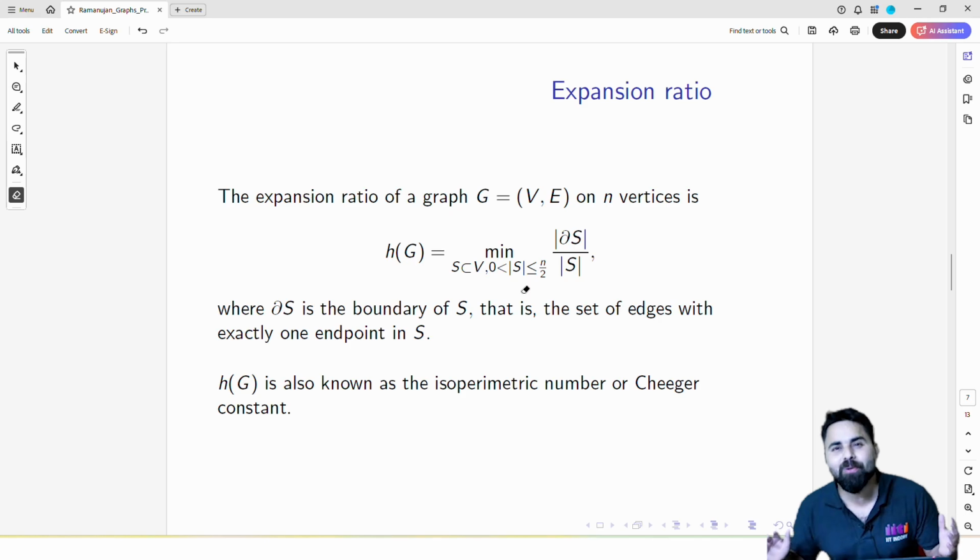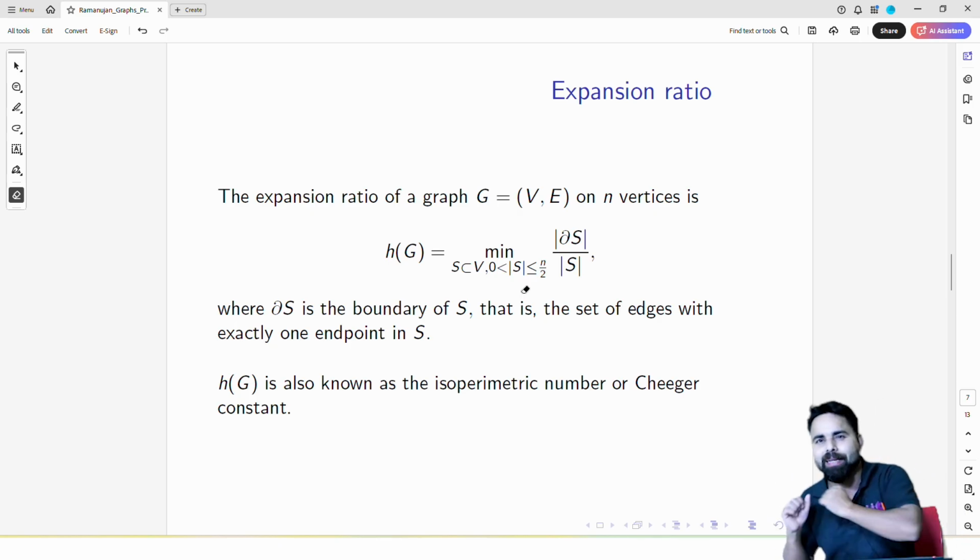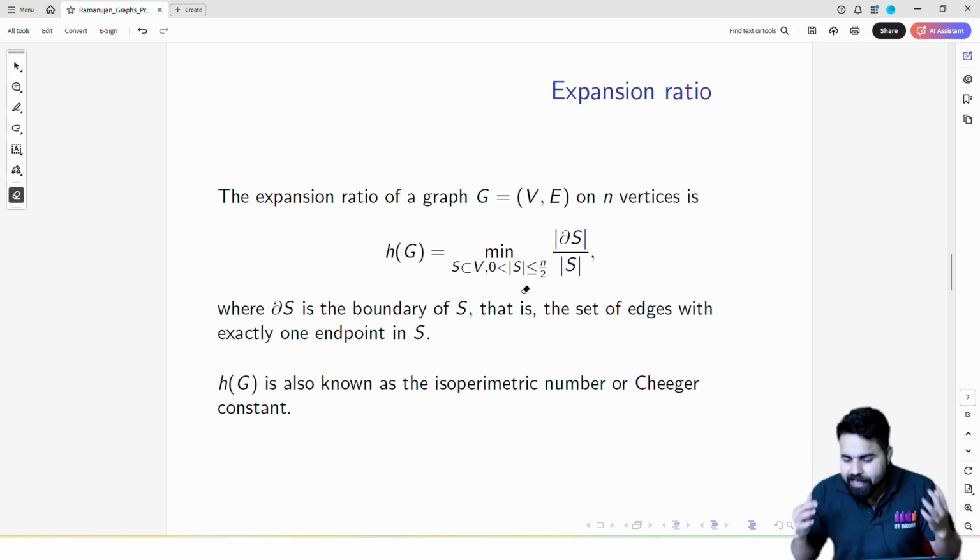Now there is something called the vertex expansion ratio. In the vertex expansion ratio, this ∂S, remember ∂S is what? ∂S is the boundary of subset S, the number of edges going from S to its complement. In vertex expansion ratio we replace ∂S by the number of vertices that have at least one neighbor in S, and the rest of the definition is the same.